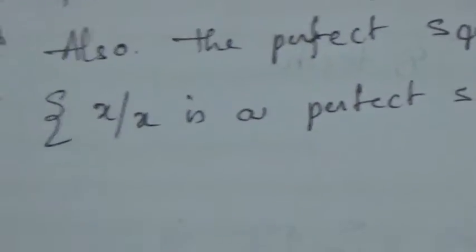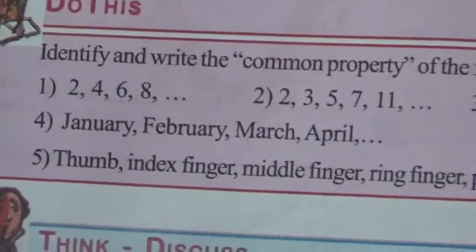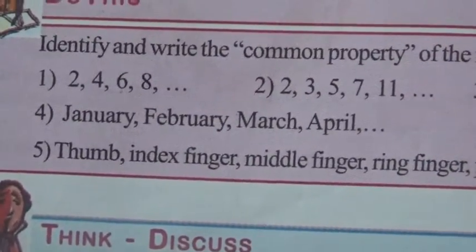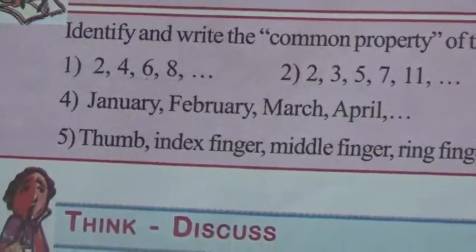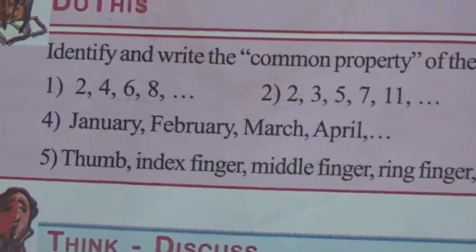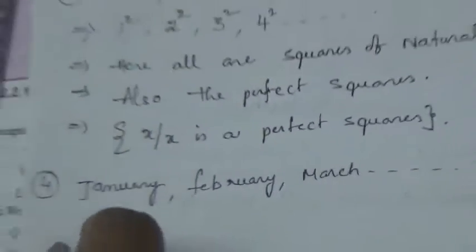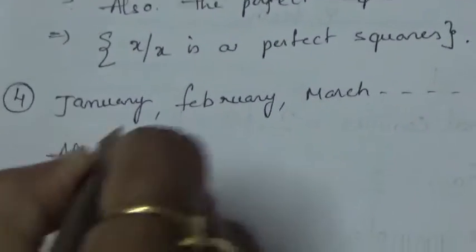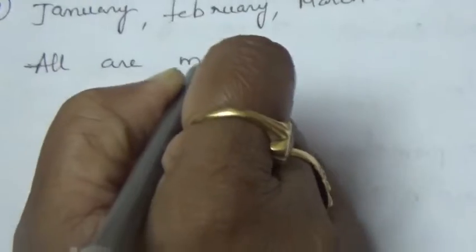And the fourth sum, what was given here: January, February, March and so on, right? What is the common property here? These all are months of a year.